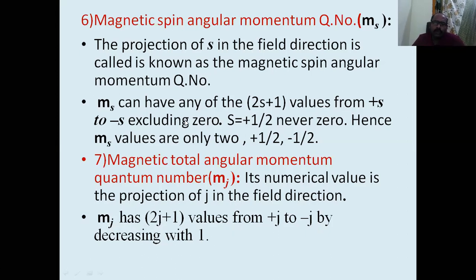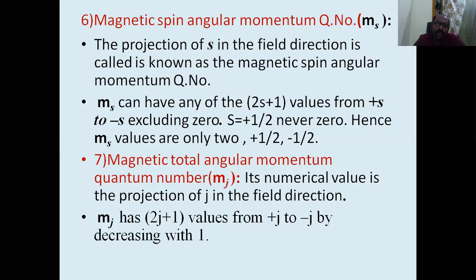Now L possesses only integer values. S possesses half-integer values. Therefore, J is the addition of L plus S. J may possess either integer or half-integer values, but not the J value 0 in case of single electron systems.